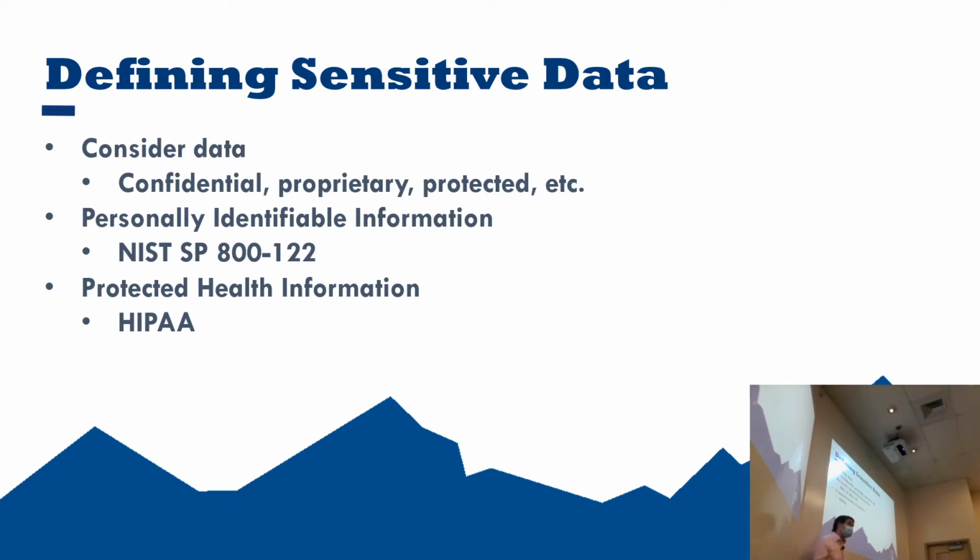Okay, proprietary. I think we talked last class about trade secrets, right? Okay, so trade secrets are proprietary. They're not necessarily sensitive in that, let's say that they're leaked, you're not going to hurt anyone's feelings, okay? But could you negatively impact the performance through losing competitive advantages by leaking proprietary information?